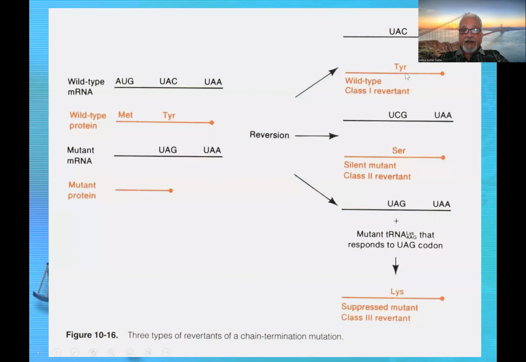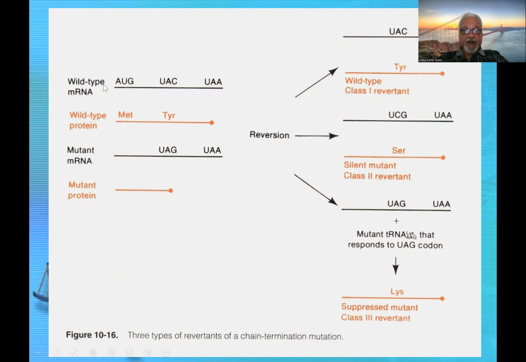Let us look at this cartoon. Okay, so if you see, this is the wild type mRNA. This is as an example, and it is making a wild type protein, and this is the wild type scenario.